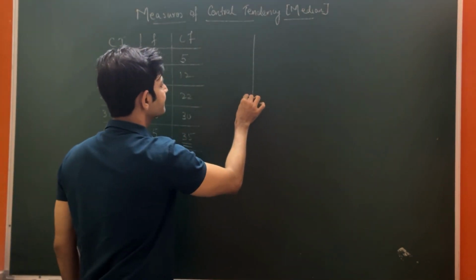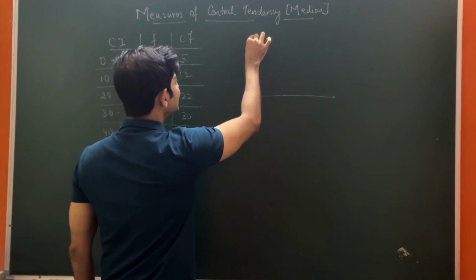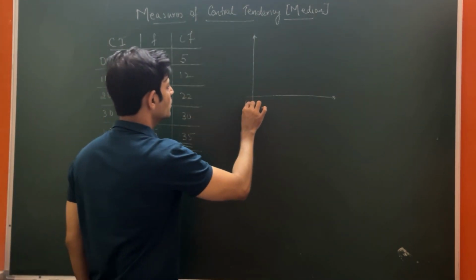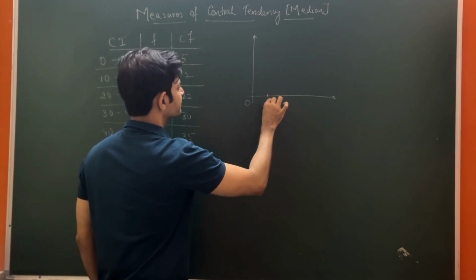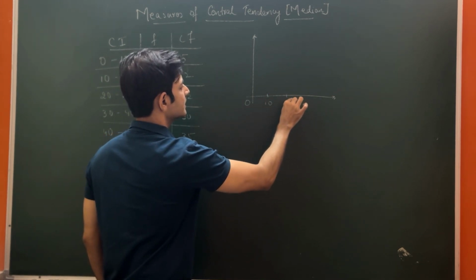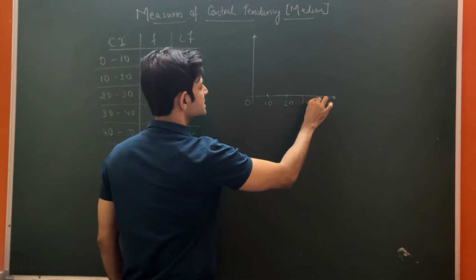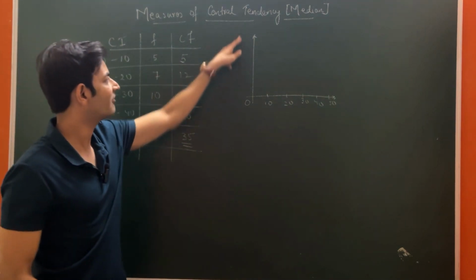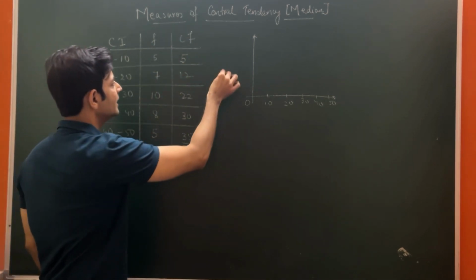So let's do that. On the x-axis, we will have the class interval, that is 0, 10, 20, 30, 40 and 50. And on the y-axis, we will have cumulative frequency.